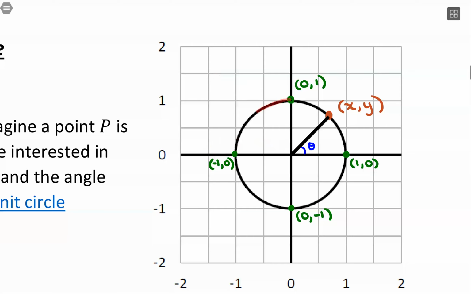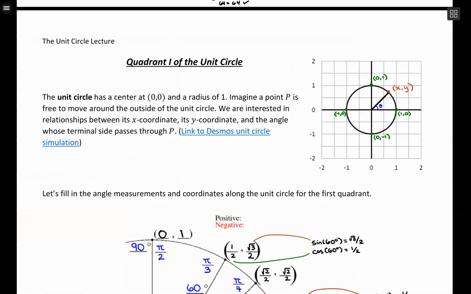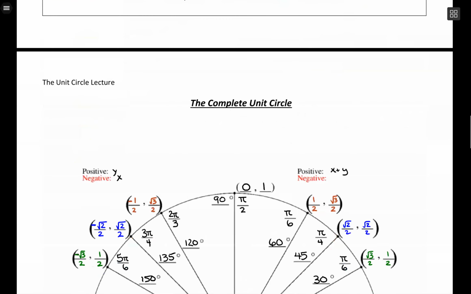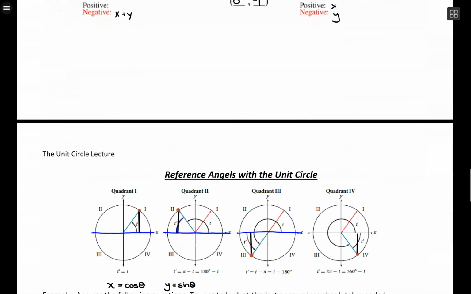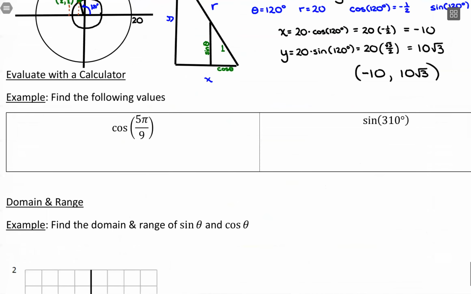So we do have restrictions on the coordinates that can come through, but the coordinates along the outside, there are infinitely many of them because we have infinitely many angles going in between there. So with that, we can find many other values. They just don't have nice properties with special triangles. So with that, we rely on our calculator.